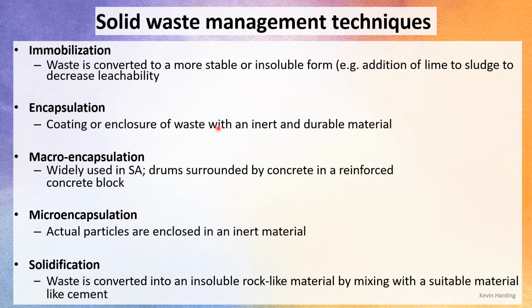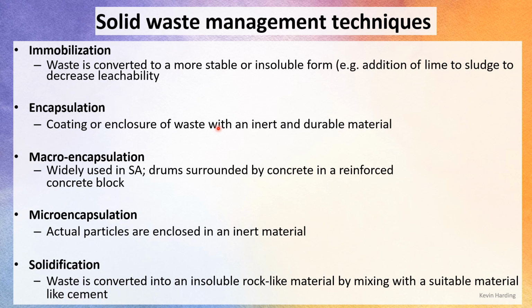There's also encapsulation, so you can literally coat the waste with an inert or durable material, putting something around it so that it can't move, in some form of a capsule. That could be a fairly large or a smaller system. Macro encapsulation is used in South Africa.